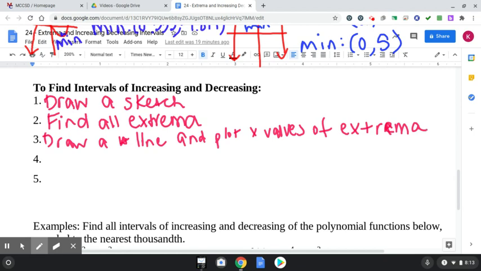Then, on your number line, you're going to plot a plus sign where the function increases, so where your function's going up.